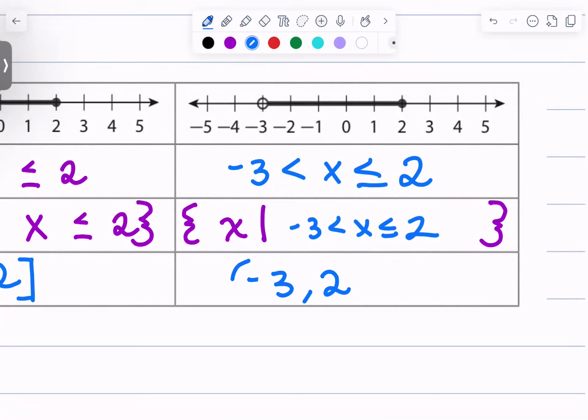Parentheses, because it's an open circle. So that means that -3 is not going to be a part of this. At 2, parentheses or brackets? Bracket. Simple, right?